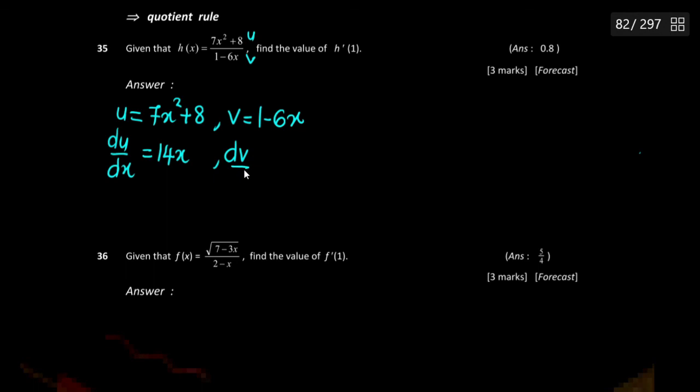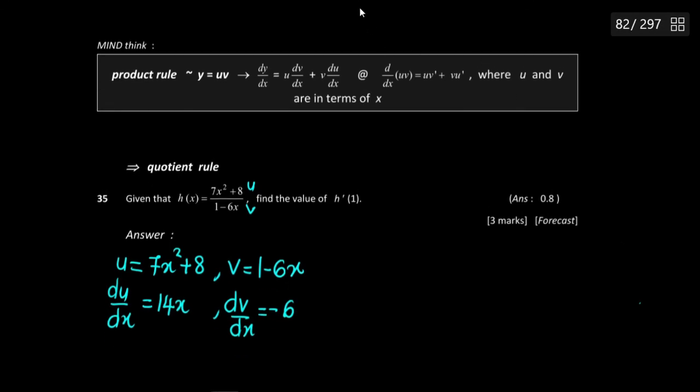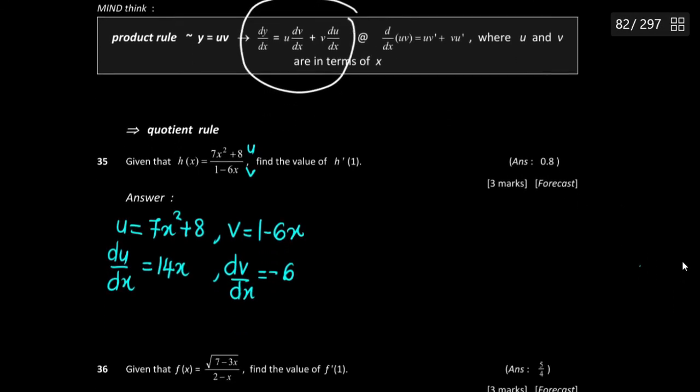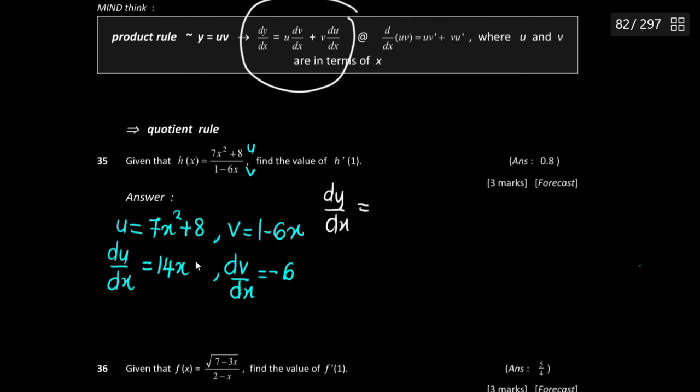Find dv dx: negative 6. Now apply the rule. If you don't remember, please refer to your textbook. This is the formula. So dy dx is, copy the v first. 1 minus 6x. And then copy the du dx.